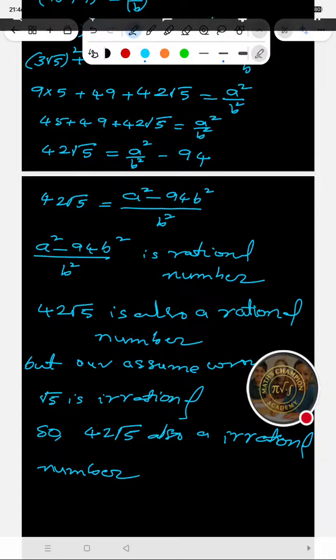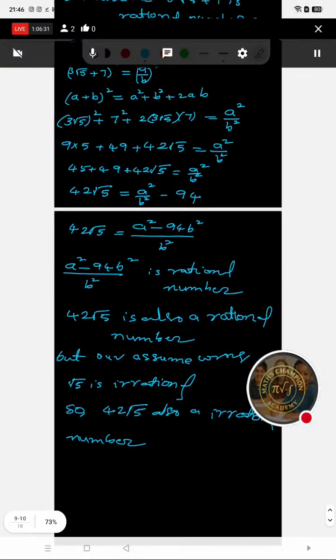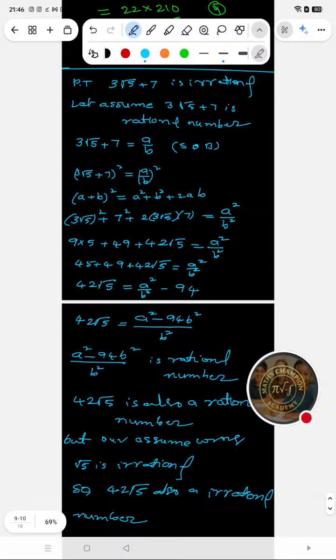Okay, understand this one? Once try to look here, make it easy. First we have to assume it is a rational number. Then make 3 root 5 plus 7 equal to a by b in p by q form.